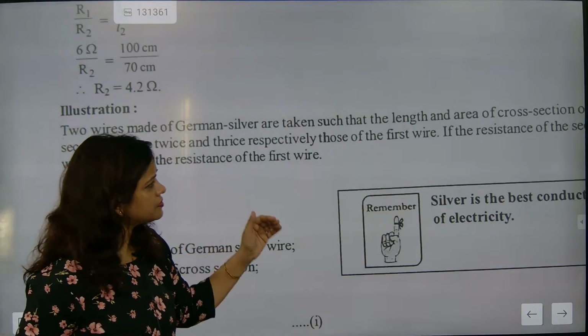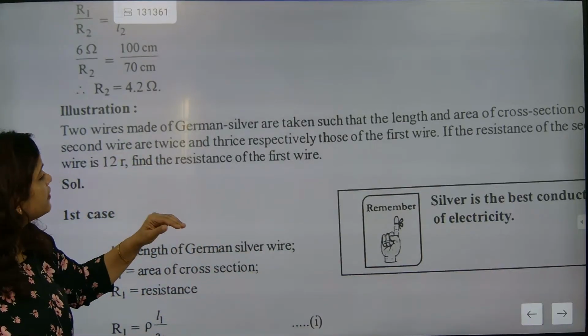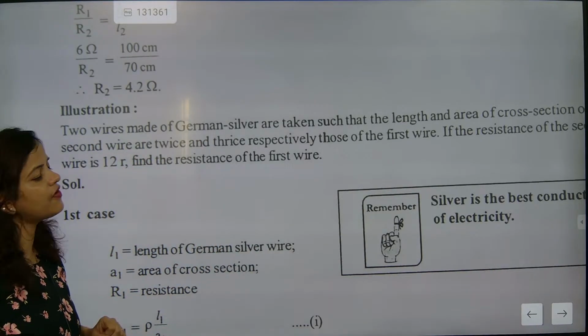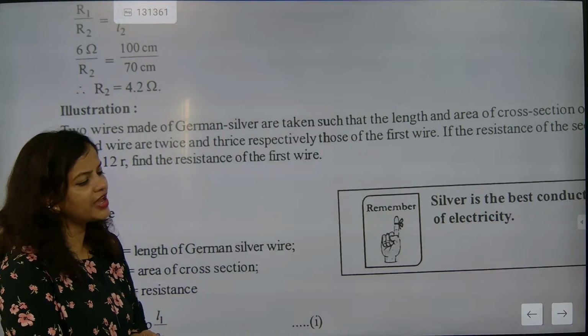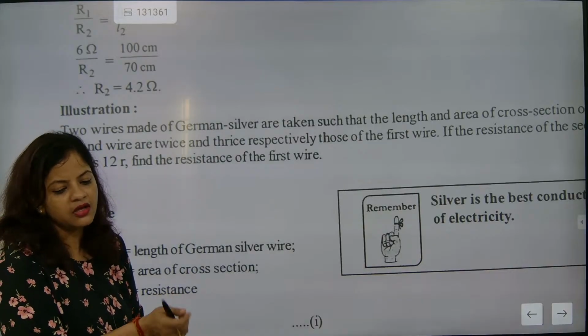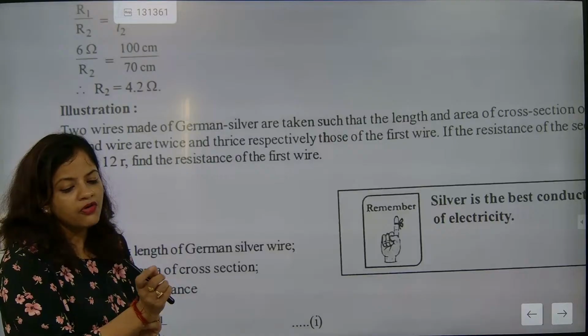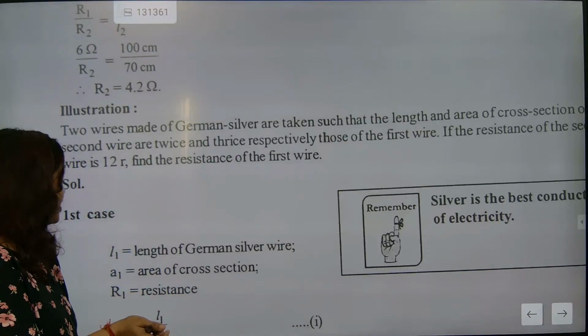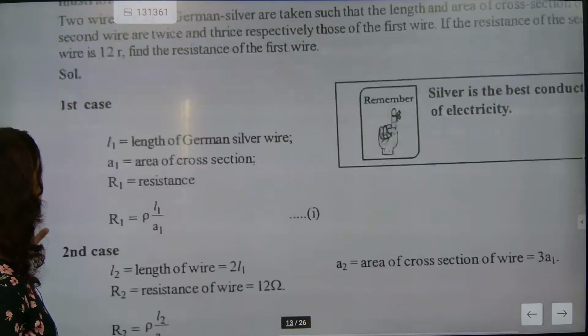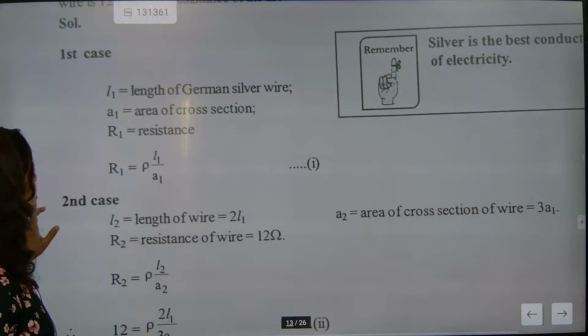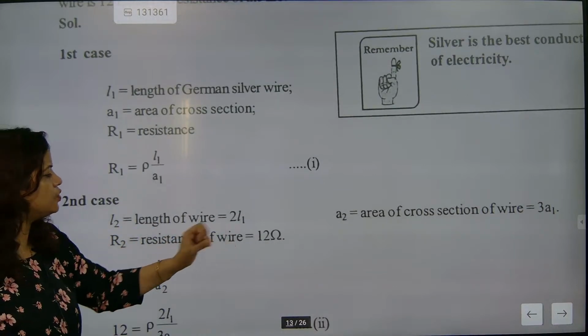Now what they are telling is that the resistance of the second wire is 12R, and we will write it as 12 ohm. Find the resistance of the first wire. So the first case, this is our equation, beta. Second case, the length is exactly 2 times.